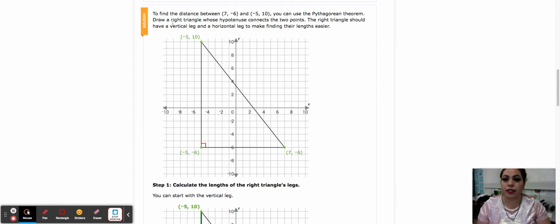All right, so now it says to find the distance between 7 and -6 and -5 and 10, you can use the Pythagorean theorem. Draw a right triangle whose hypotenuse connects the 2 points. The right triangle should have vertical and horizontal legs to make finding their lengths easier.